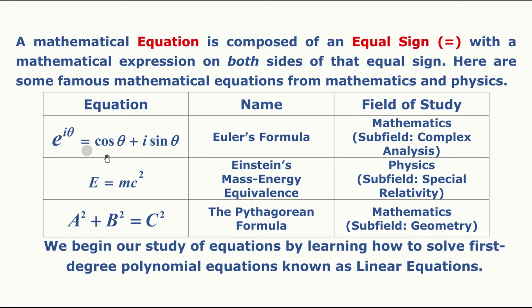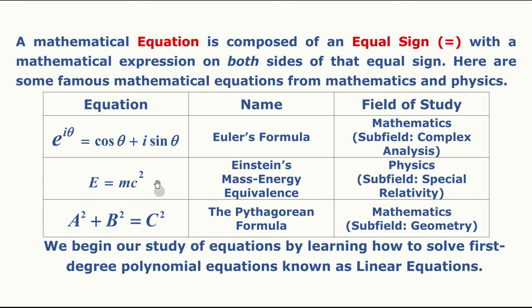E to the i theta equals cosine theta plus i sine theta. There are some really significant numbers here. e itself is a constant, i is a constant, it's the square root of -1, and we have this really beautiful formula from the subfield of complex analysis.